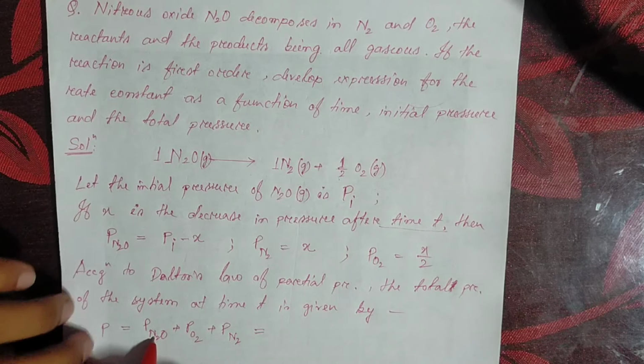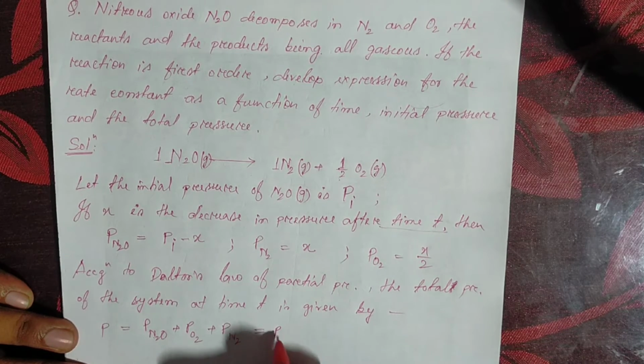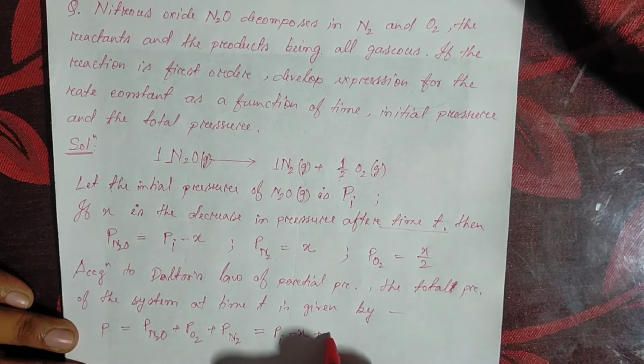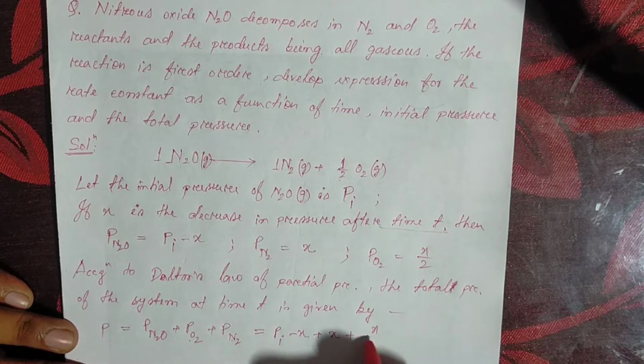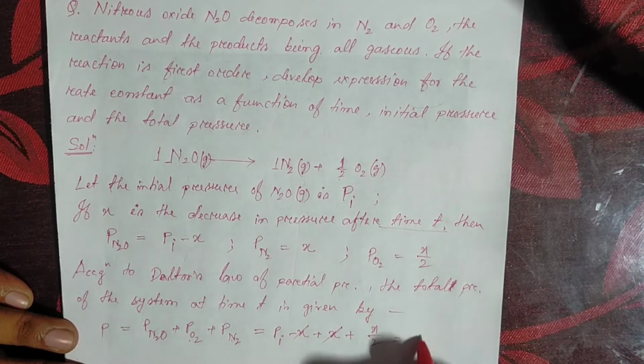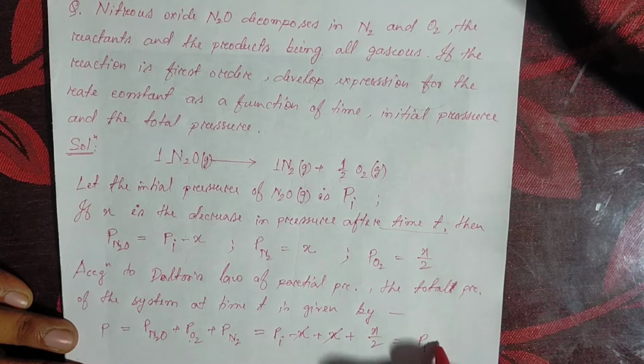Okay, so for PN2O it will be Pi minus X, for PN2 it will be X, and for PO2 it will be X by 2. So it will be cut off, and here it will be only Pi plus X by 2.